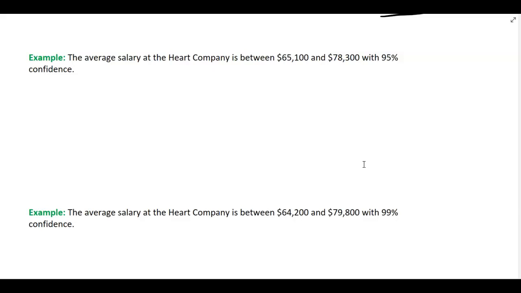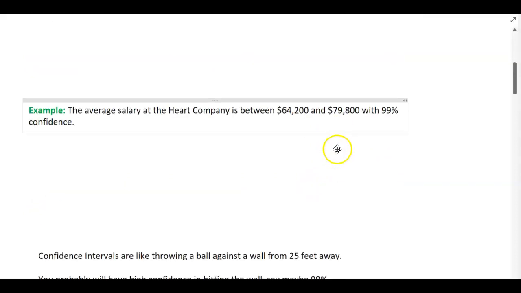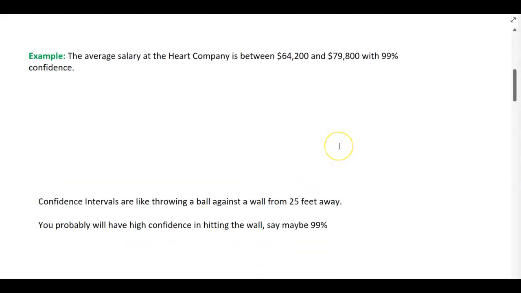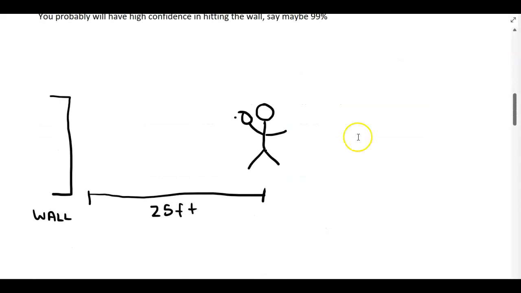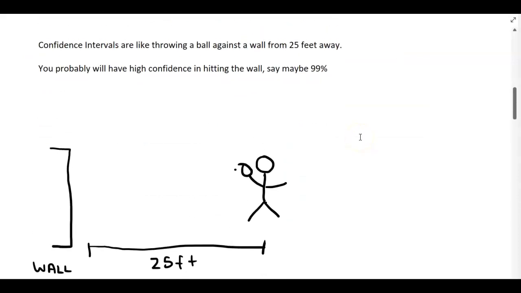Confidence levels or intervals are kind of like throwing a ball at a wall. If I put myself 25 feet away from a wall and I throw the ball, I have a pretty good level of confidence, let's say about 99%, that I could throw it and hit the wall. You've got to humor my drawing here.